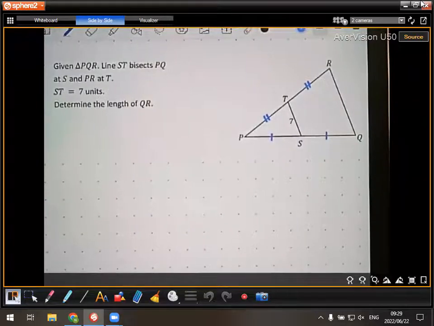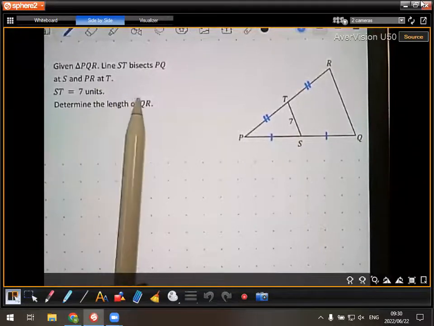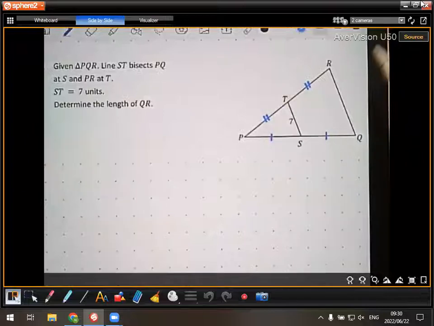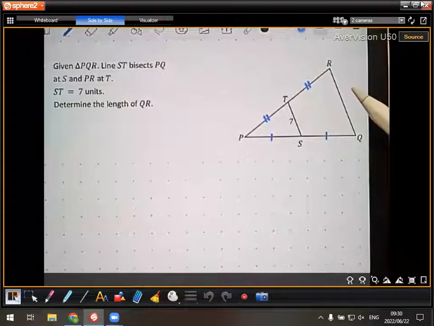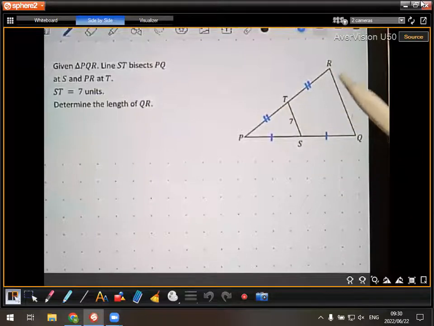So again, I can use midpoint theorem, right? Now in this case, do I even need to state that those two lines are parallel? Does that have any influence on what I'm trying to find? It's saying ST is 7 units. Determine the length of QR. So I want the length of the side. Now remember that midpoint theorem has two conclusions, right? The one is, yes, ST is parallel to QR, but also ST is half the length of QR.